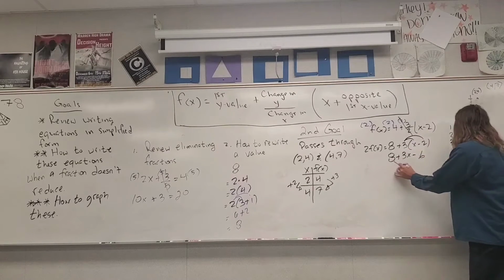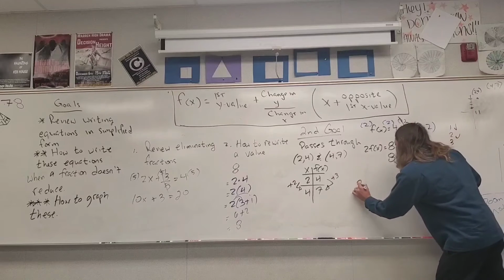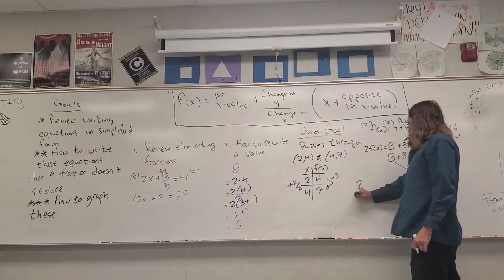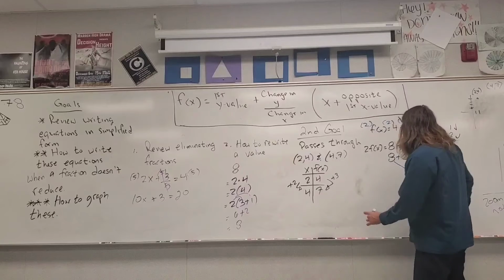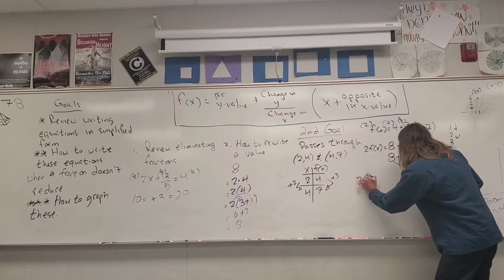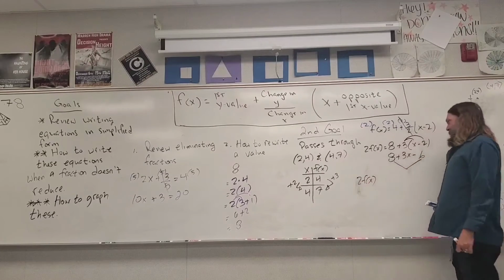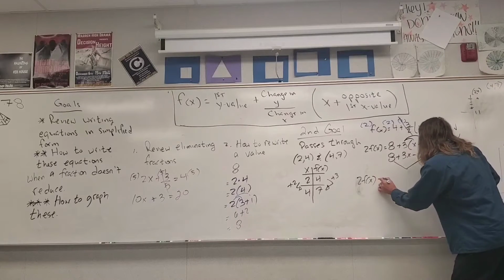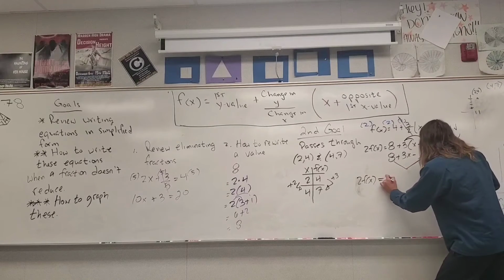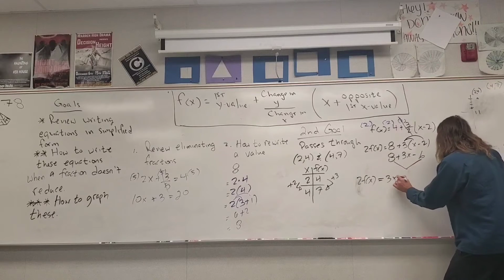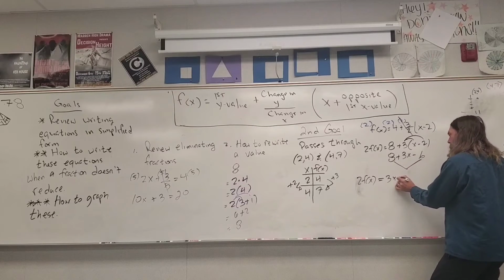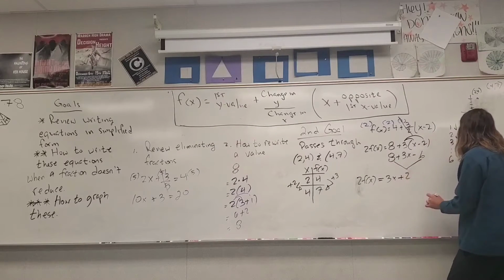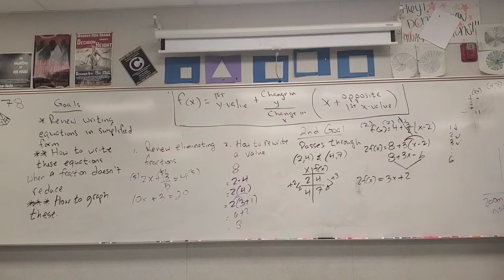I'm going to combine my like terms. And I get 2 f of x equals 3x. 8 minus 6, that's 2. So plus 2. I combine like terms, and now I'm going to divide.